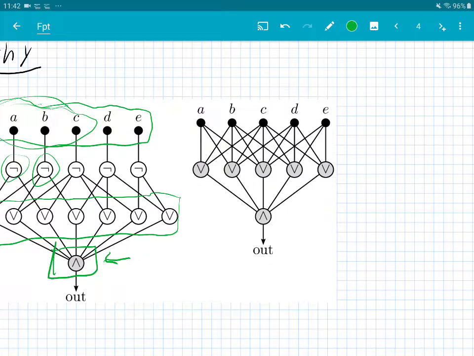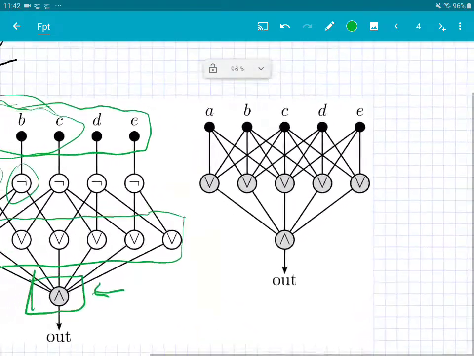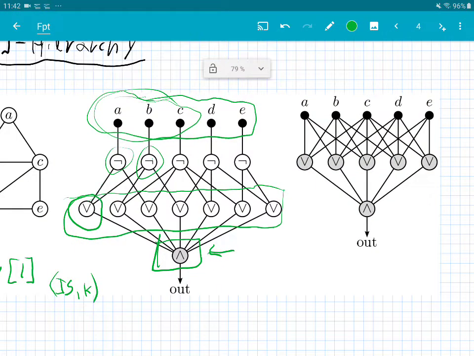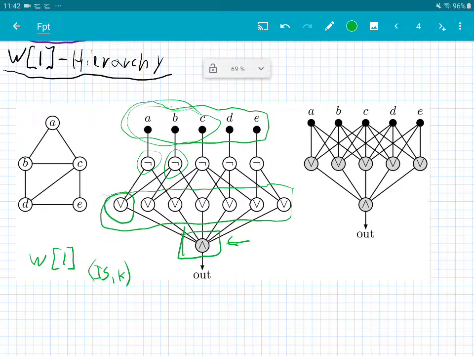Okay, here is another example, right? The example on the right, what is it? This is a dominating set. And let's see why it's a dominating set. Again, every vertex is an input.